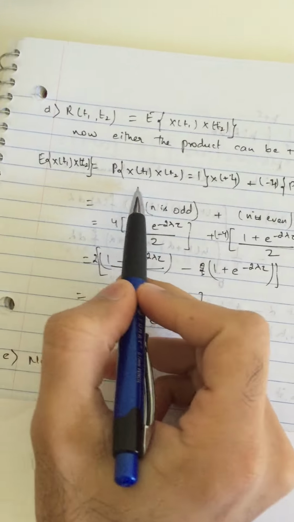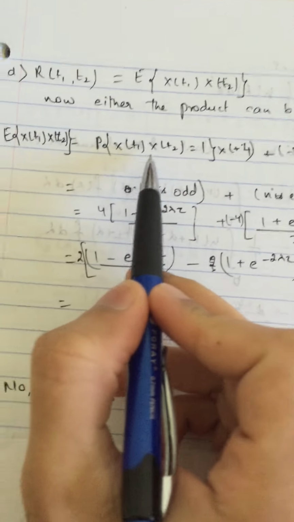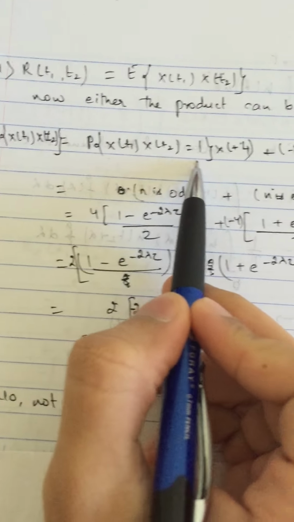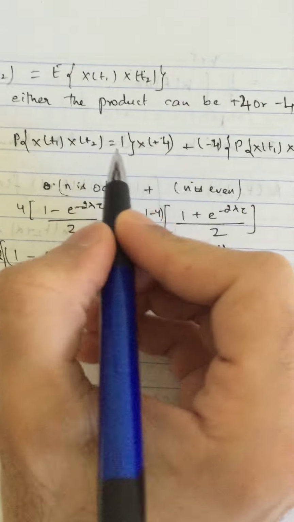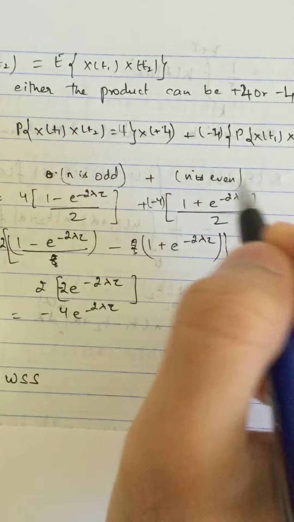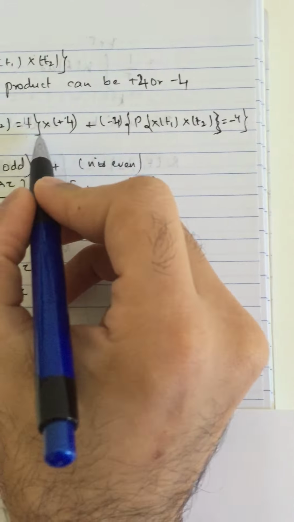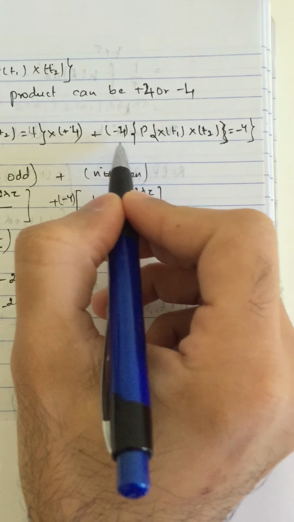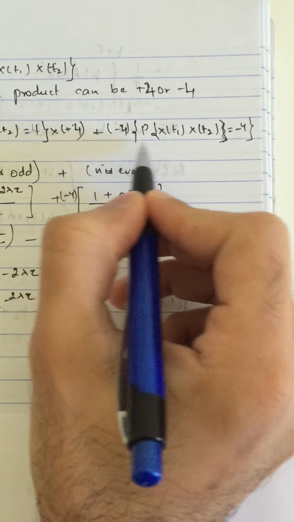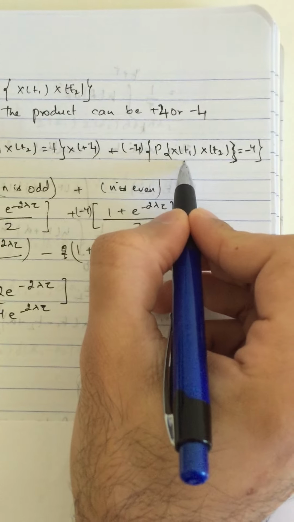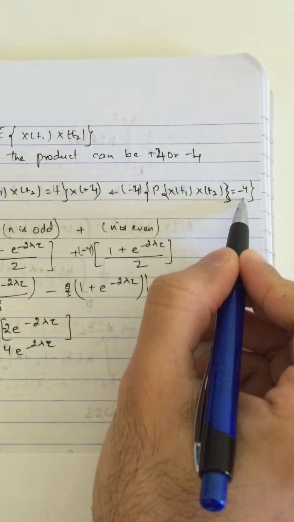So the expected value becomes P of X(t1) into X(t2) equals 4, into +4, and P of X(t1) into X(t2) equals -4, into -4.